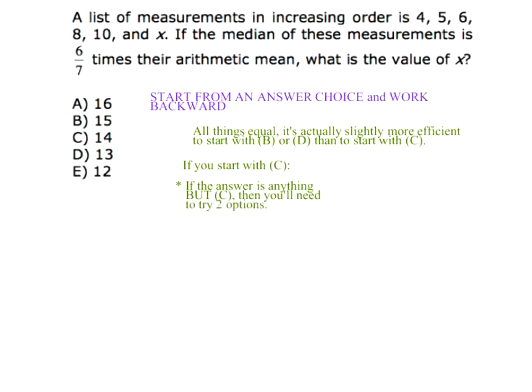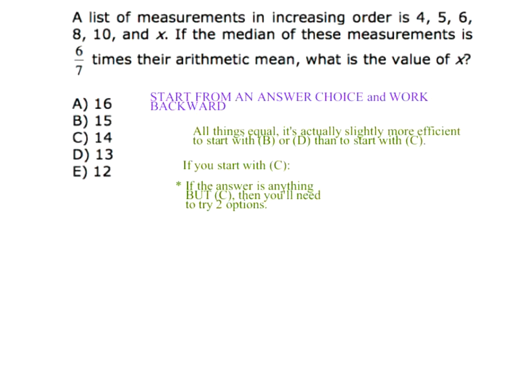If it's A or B, then C will be too small, and you have to try A or B. And if C was too big, then it would be either D or E, and you would have to try D or E. So in other words, unless it's actually C, you have to try twice.